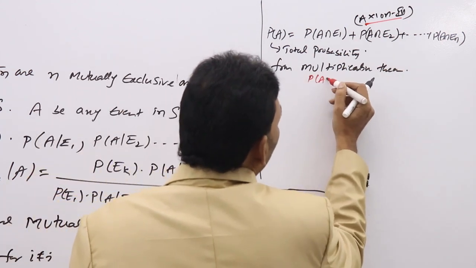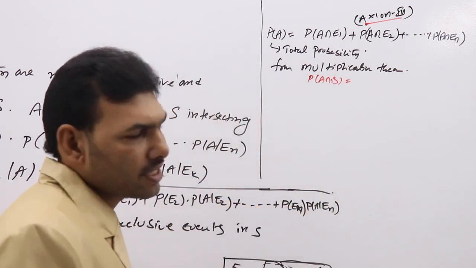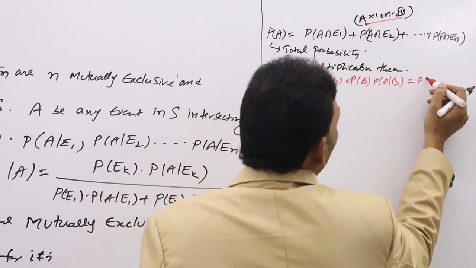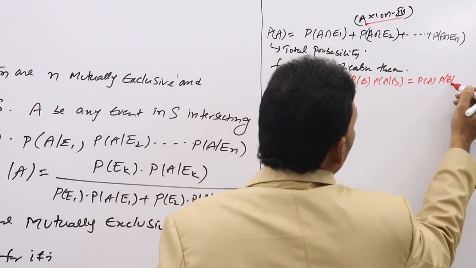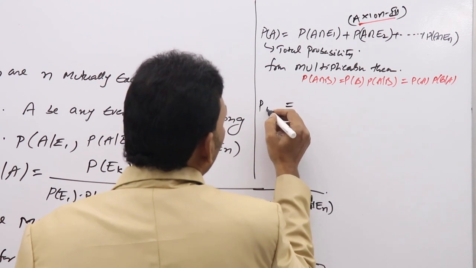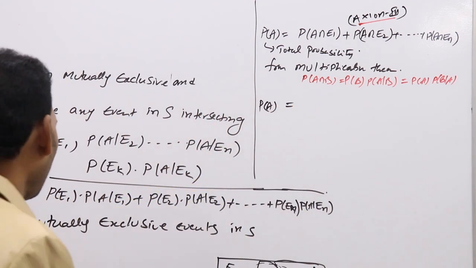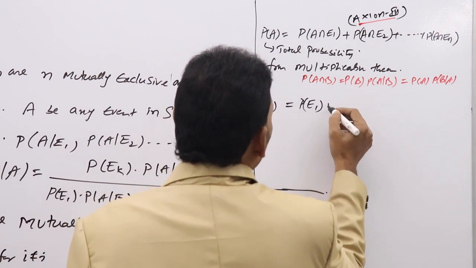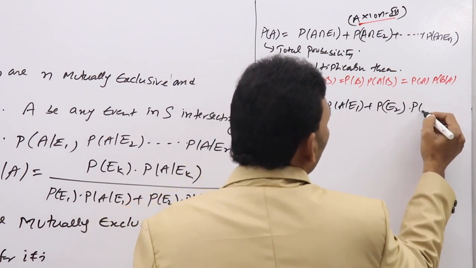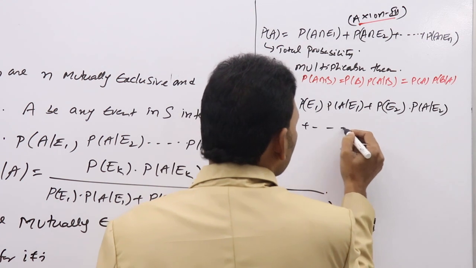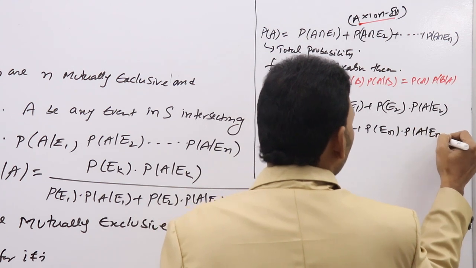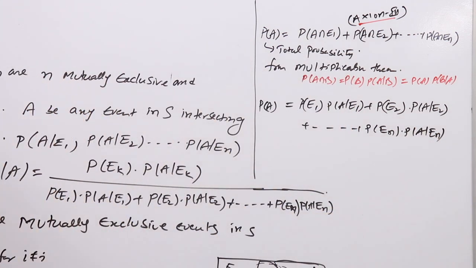Probability of A intersection B can be written in two ways: probability of B into probability of A given B, or probability of A into probability of B given A. So like that, probability of A can be written as probability of E1 into probability of A given E1 plus probability of E2 into probability of A given E2 plus so on plus probability of En into probability of A given En. So this is probability of A value.